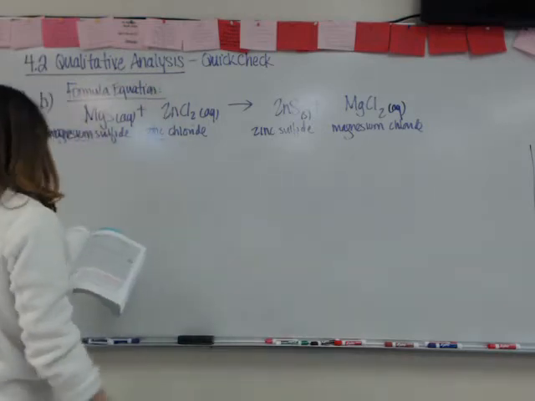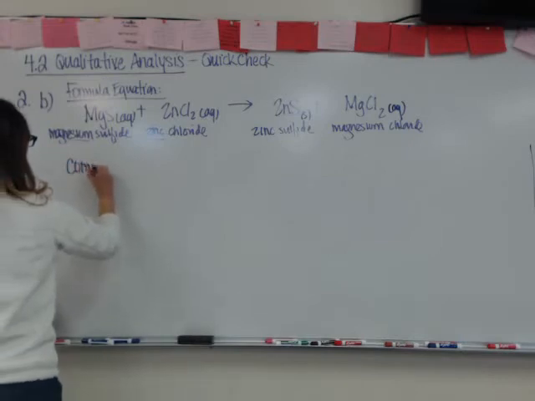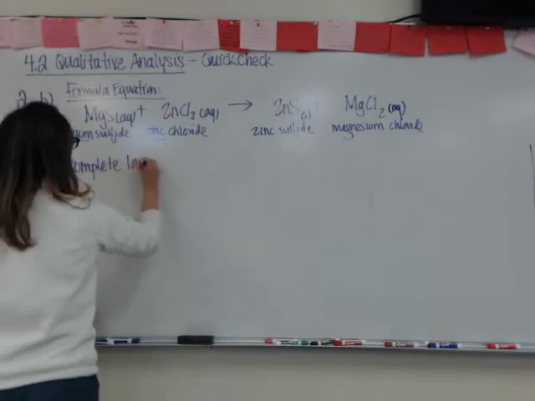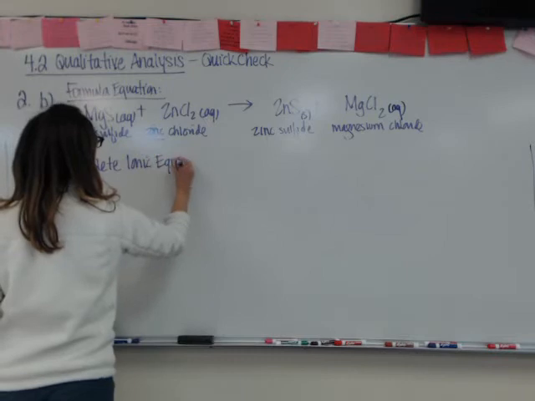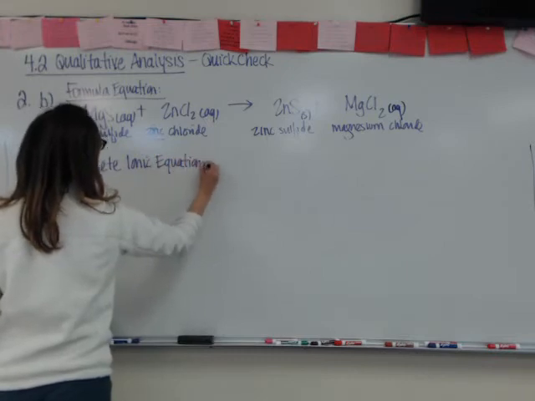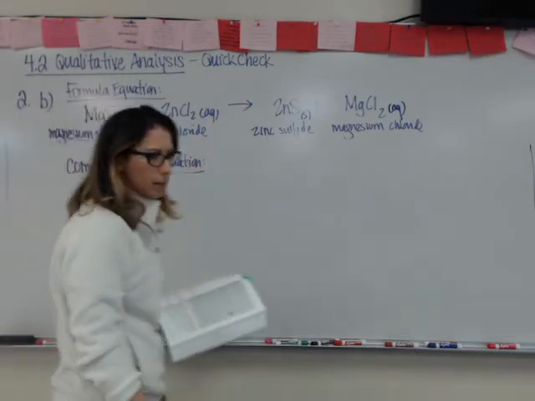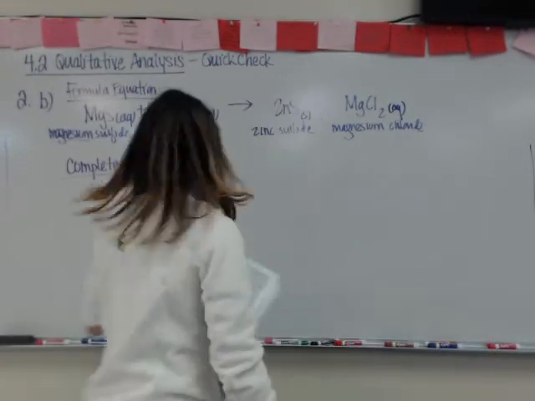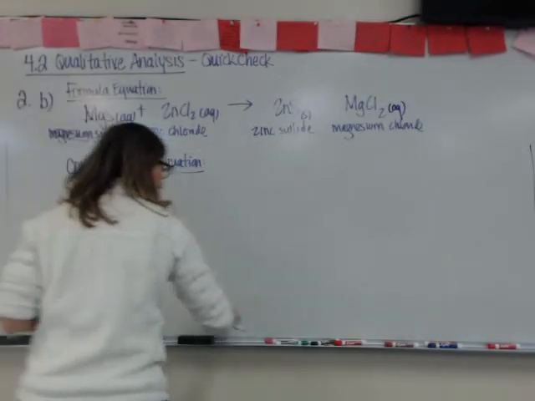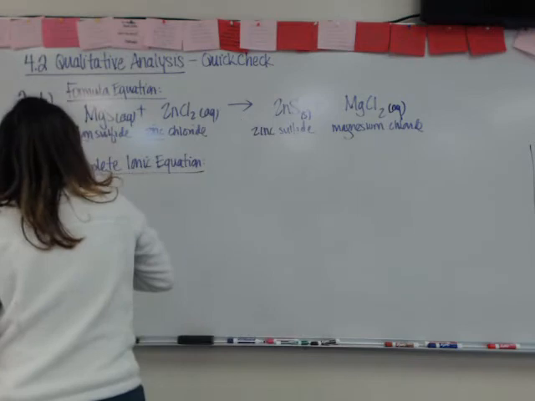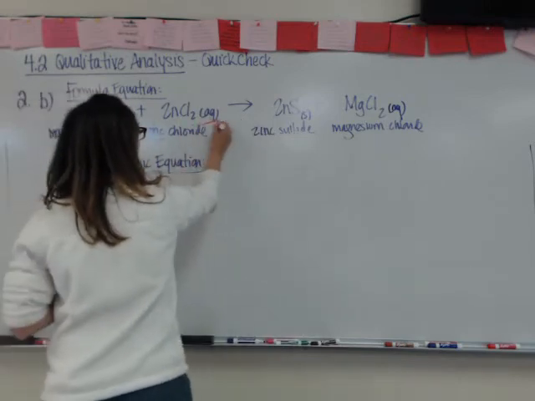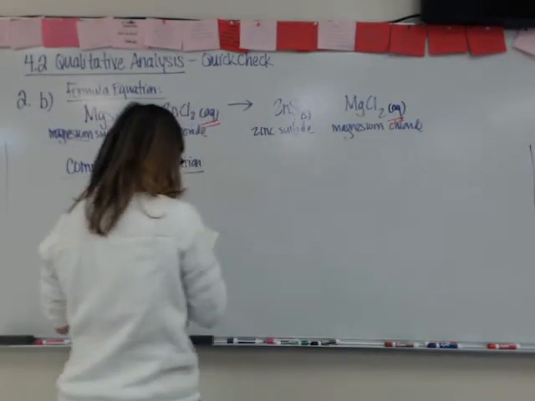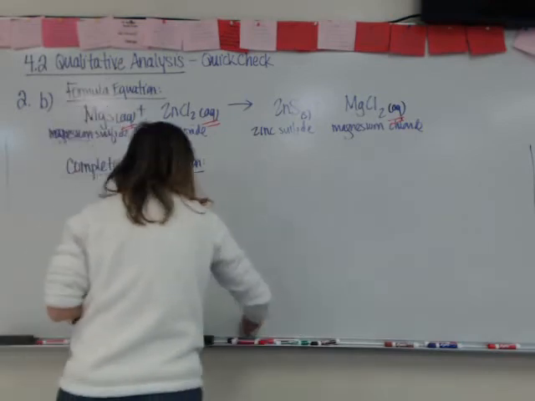Now I'm going to go ahead and write my complete ionic equation. For the complete ionic equation, I break down anything that has an AQ after it. So that means I'm going to take the magnesium sulfide, the zinc chloride, and the magnesium chloride, and break them down into ion form.